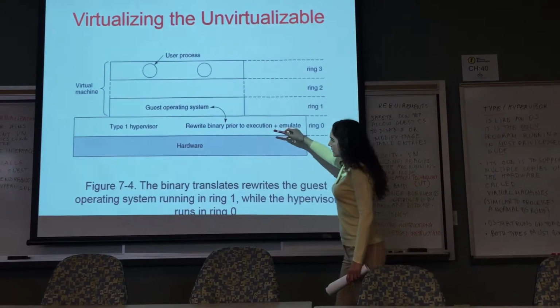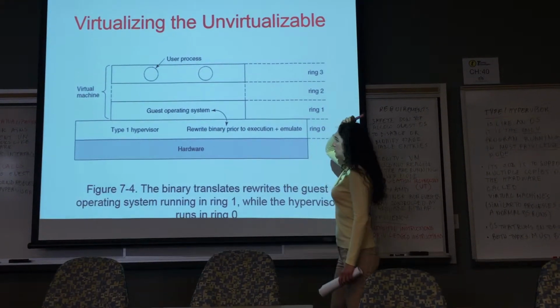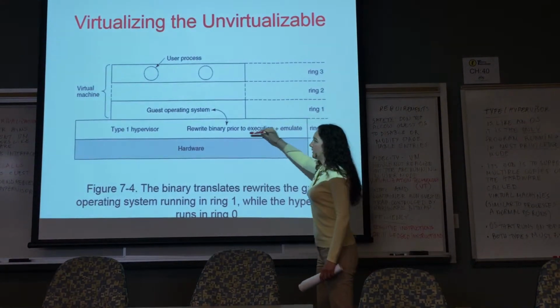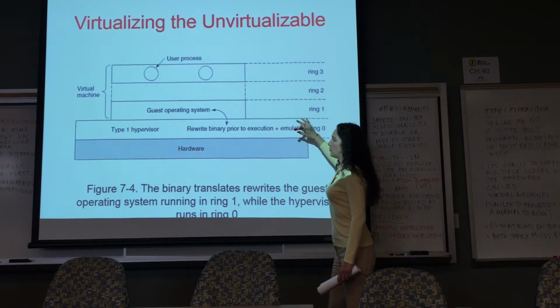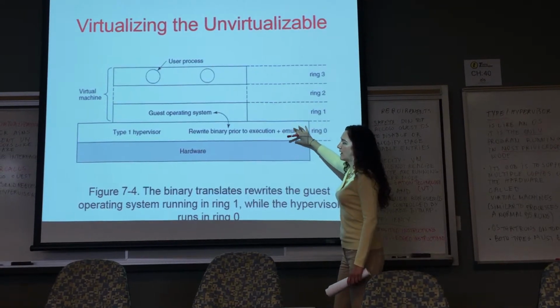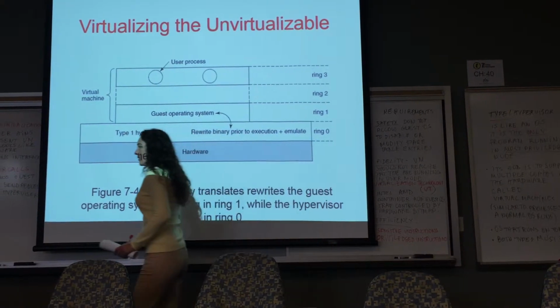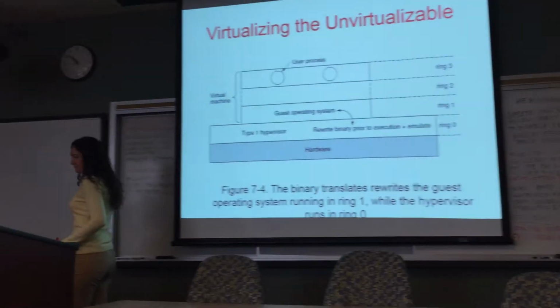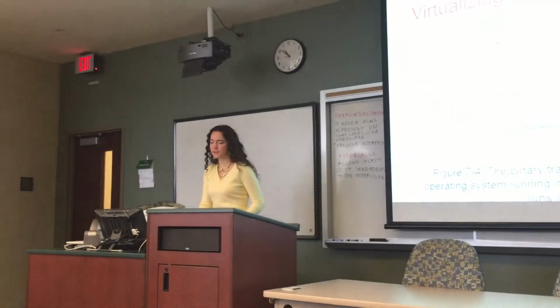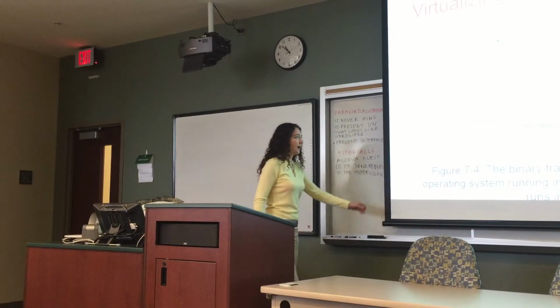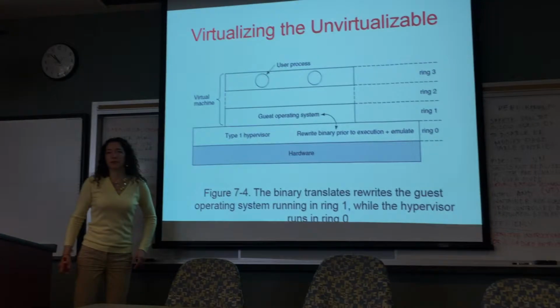So whatever the guest operating system had to do, they did a binary translation and put that into a cache inside the hypervisor, so it was running much faster the next time. And eventually almost the whole system was cached and it ran pretty quickly.